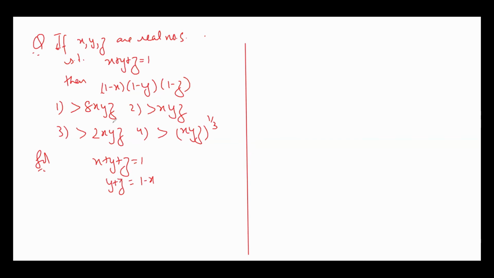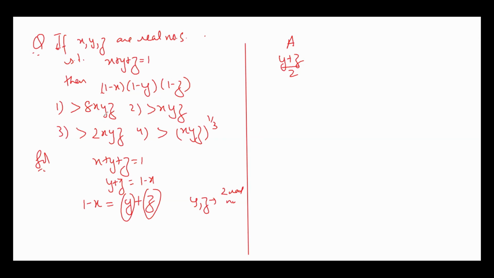And we have to find the value of 1 minus X here. That means what we conclude, that 1 minus X comes to be the sum of two numbers Y and Z. If 1 minus X is sum of two numbers, and we take these to be two numbers, and we all know that arithmetic mean of these two numbers will be this, and geometric mean or harmonic, which we have to use, we can check that by just having a look at the options.